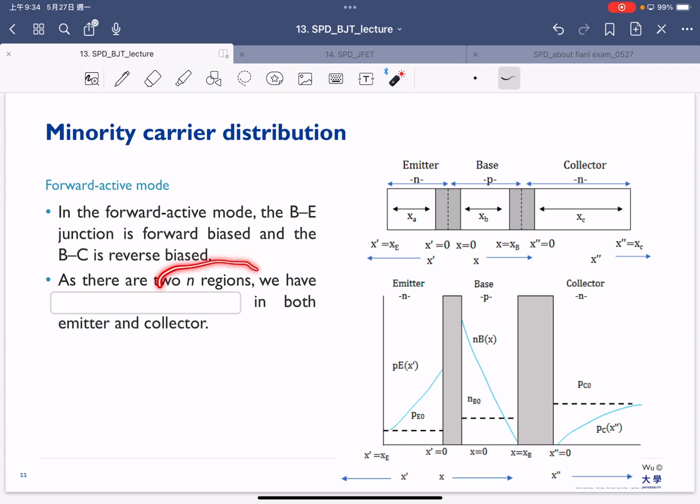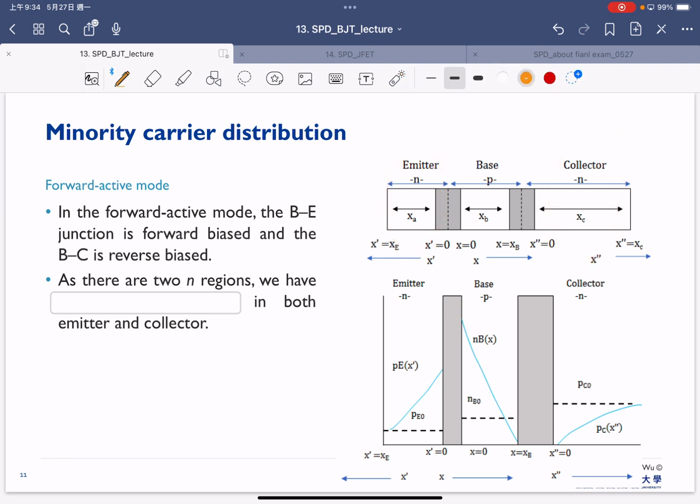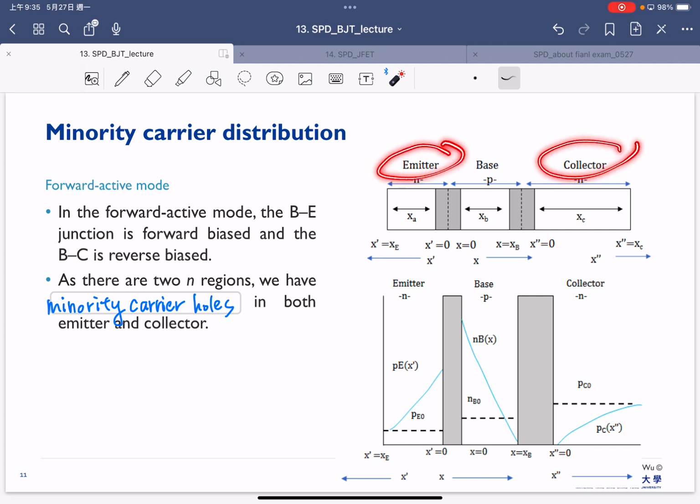Since there are two N-type regions, the emitter and collector, we have minority carrier holes in these two places. So we have minority carrier holes in the emitter and collector.